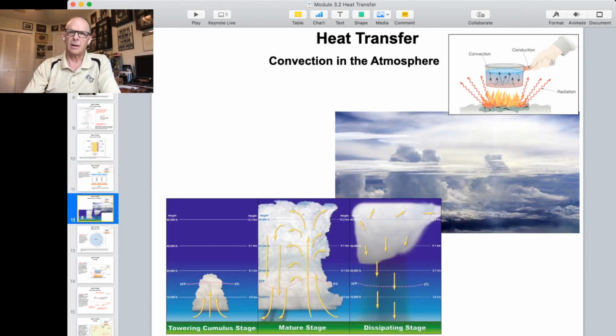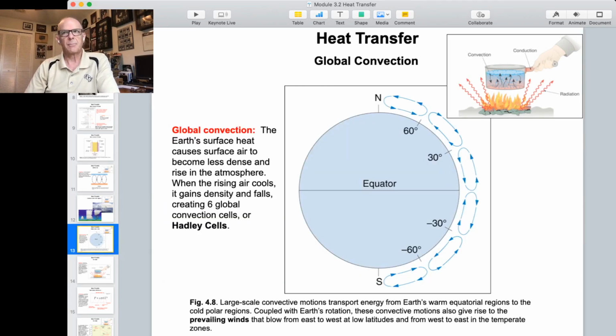But the slide here is just showing that convection is very important for transferring energy in the Earth's lower atmosphere, in the troposphere, the lowest layer of the atmosphere. Convection is the energy transport mechanism in the Earth's atmosphere. In other parts of the atmosphere, it's other mechanisms, as we will talk about.